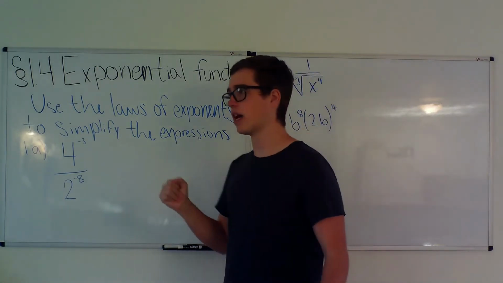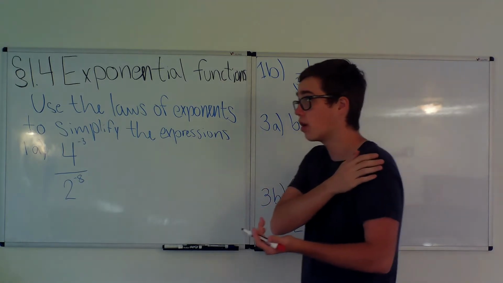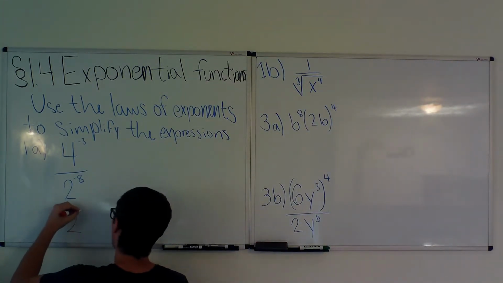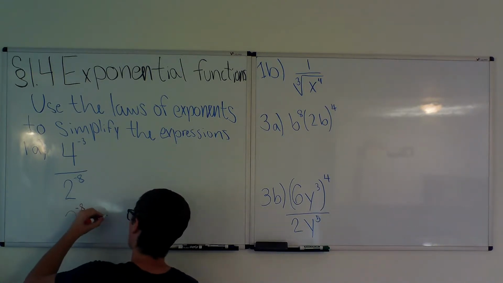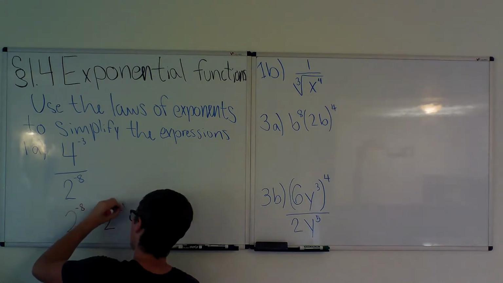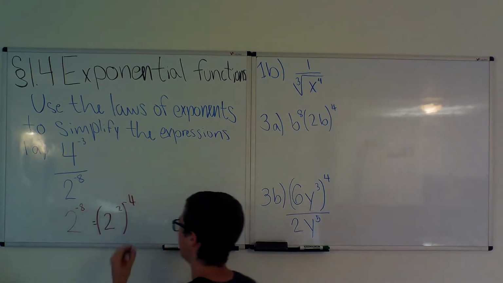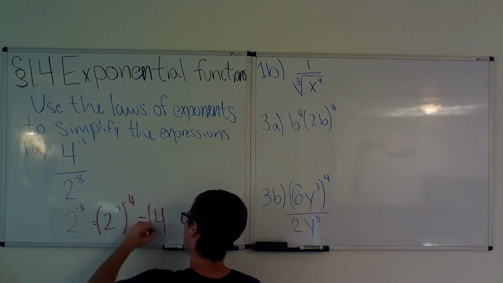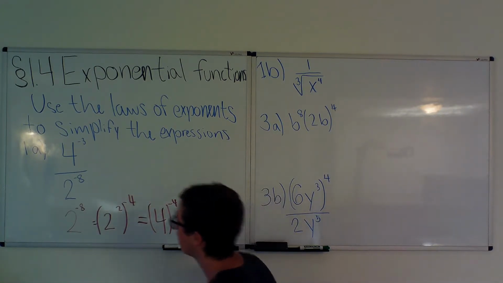Well, then we can think back to our exponent laws and see, well, 2 squared is 4, so 2 to the negative 8 is equal to, well, since that's 2 squared to the negative 4, right?